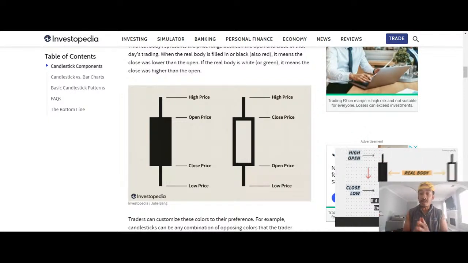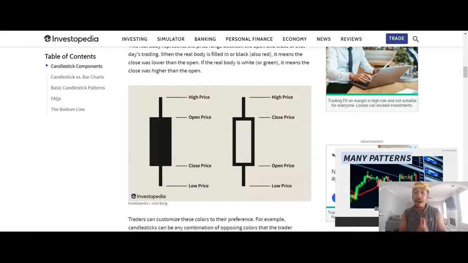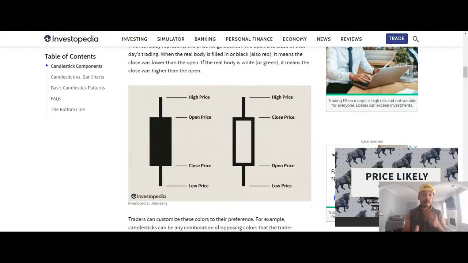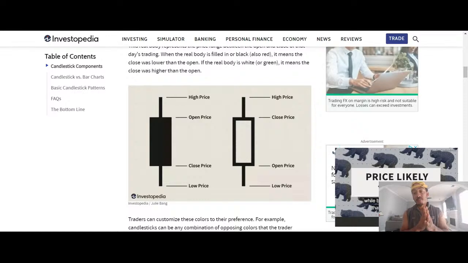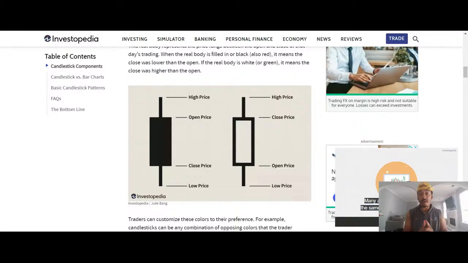A green candle represents that during that time frame, the buyers outbid the sellers. On the red candle, the sellers outbid the buyers during that time frame, because in a market you've got buyers and sellers. It's a stock market, so it's a relationship between buyers and sellers.